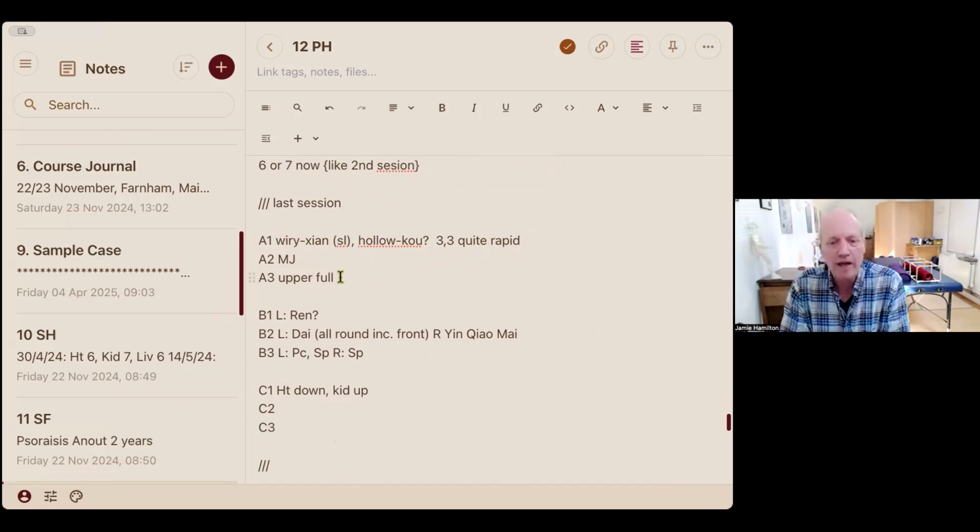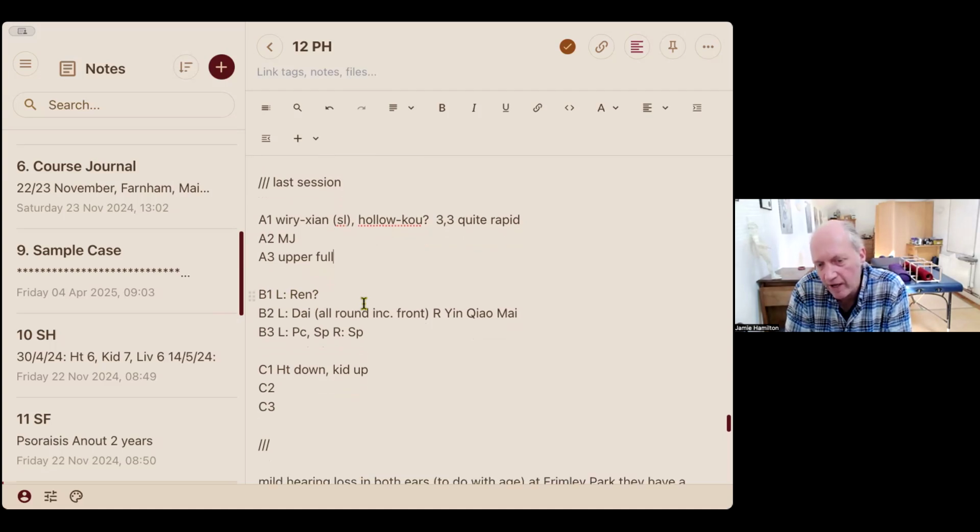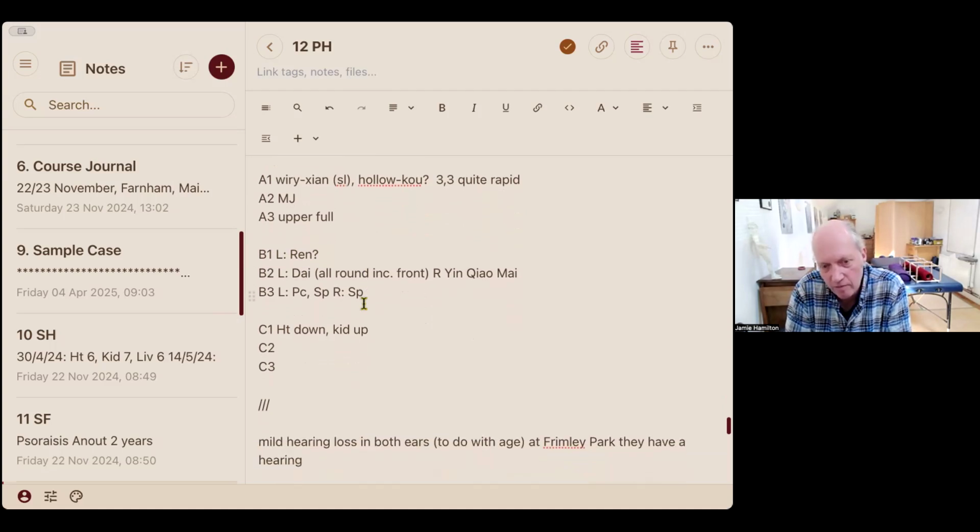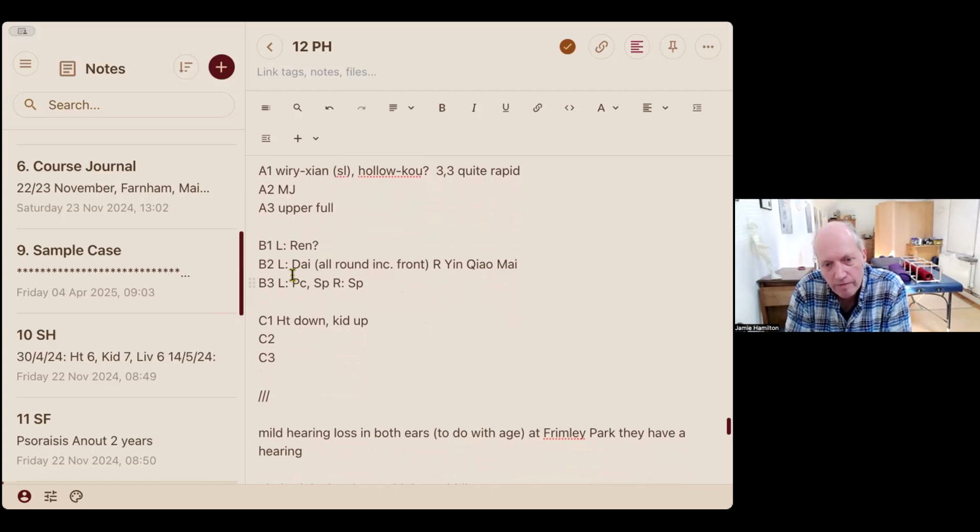That's from step A. Then in step B, on the left side, I thought she might have a Ren pulse, but I wasn't sure. In fact, that can be discounted because the other things are more important. On the left side, she had a Dai Mai, really strong all the way around, including the front, which means the pericardium triple burner position. On the right side, she had a Yin Chao Mai, which means the rear position was full in left and right.